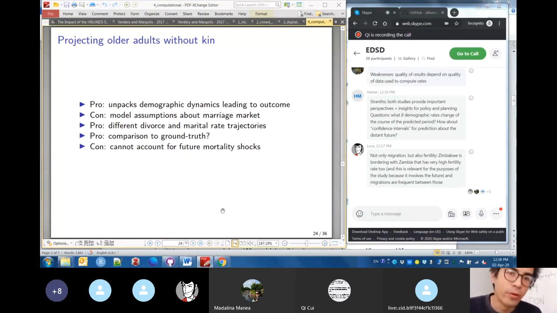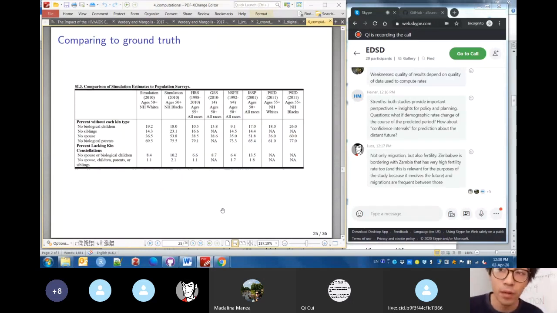They also compare to ground truth in two ways. One way is the graph I showed, comparing input to output. The other way, and it's not always possible to do it, is that they get estimates of, for example, the percentage of the population without biological children. These two are from simulations, and these come from empirical data sources.